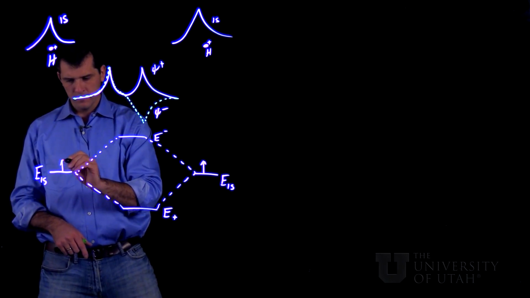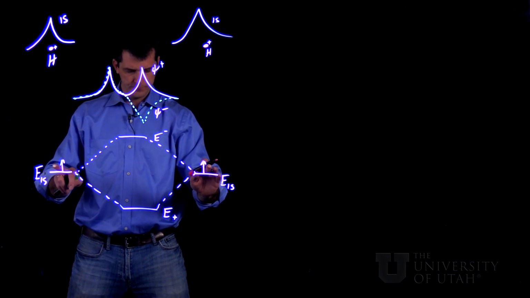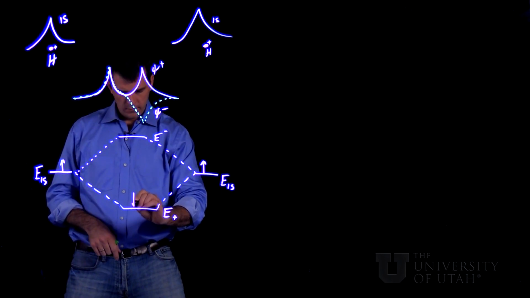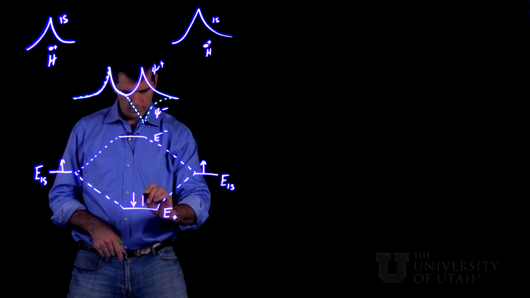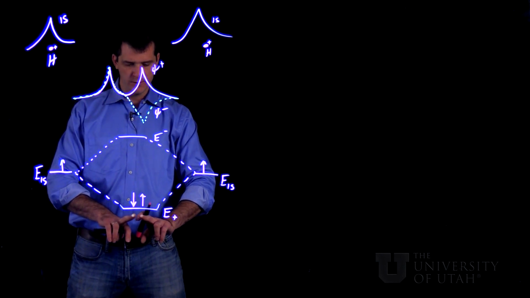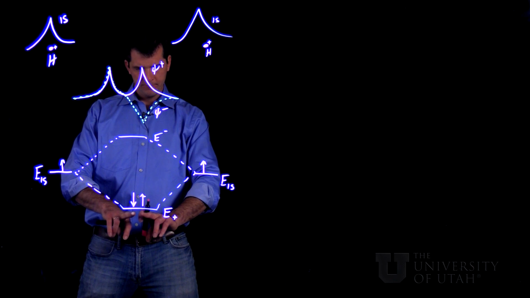So if we have in a hydrogen atom one electron in each atom, when they come together to form this molecule, the two electrons will go into this lowest available energy, the E+ solution, and occupy it.